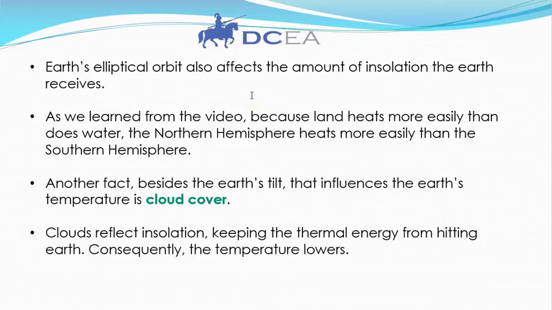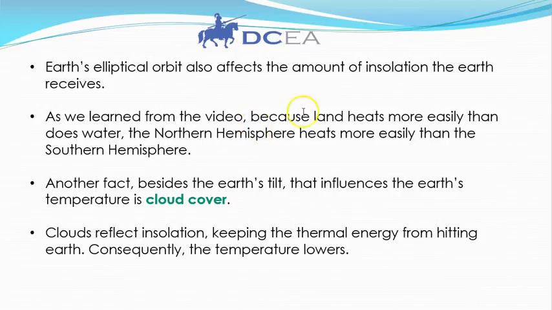As you will have learned from the video that you could have watched, because land heats more easily than does water, the northern hemisphere heats more easily than the southern hemisphere. Another fact, besides the Earth's tilt, that influences the Earth's temperature is cloud cover.